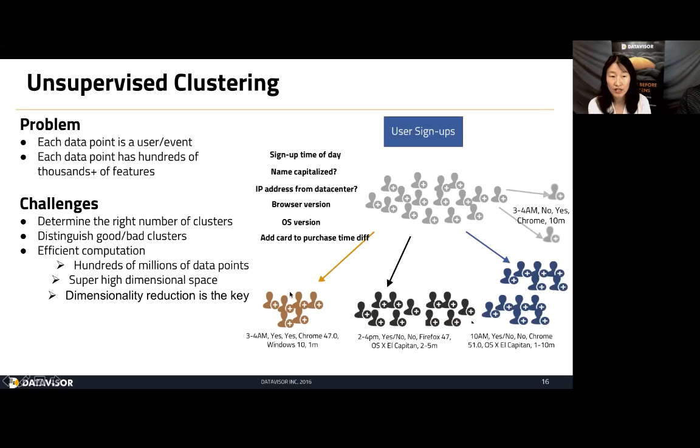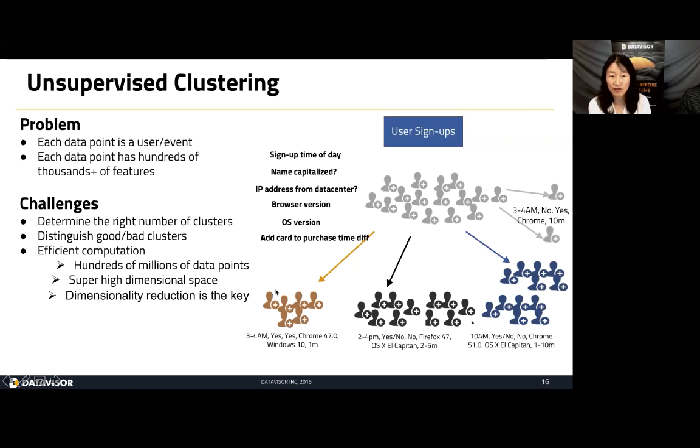These are users who sign up accounts at 3 to 4 a.m. They use data center IP addresses, they use Chrome and the same Windows version, and their add card to purchase time difference is very little, less than 1 minute. If you see just one user having this weird behavior, it might be normal because someone may work late and want to do something in the middle of the night. But when we see a cluster of users all having the same behavior, this is highly suspicious and likely to be a fraud set of users.